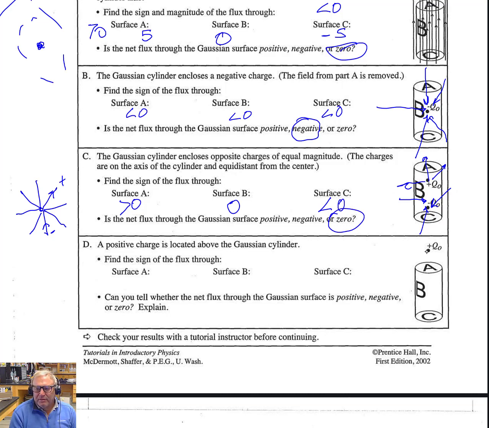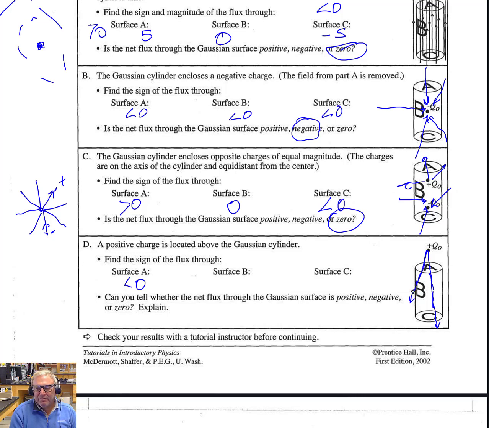Now here the flux lines go out, and it looks like they're all going to go into A, so that's going to be less than 0 because the A vector is going to point out. Surface B, it looks like they're also all going to be 0, huh?